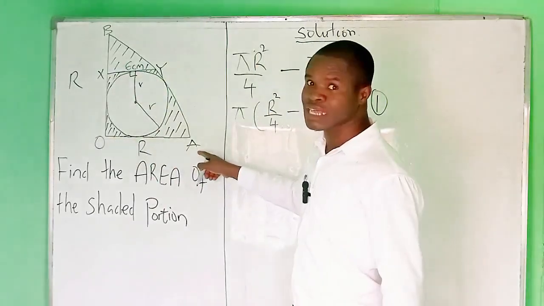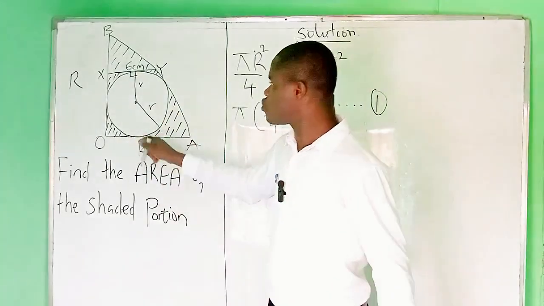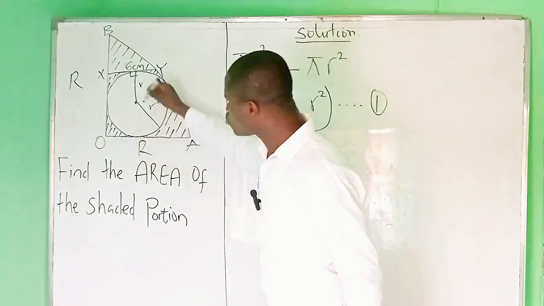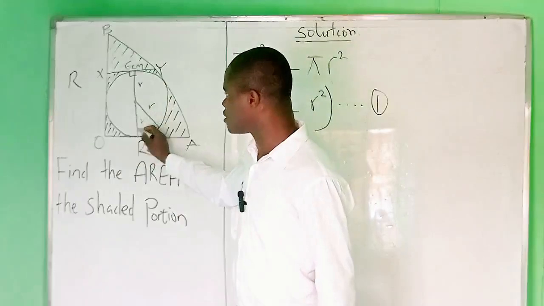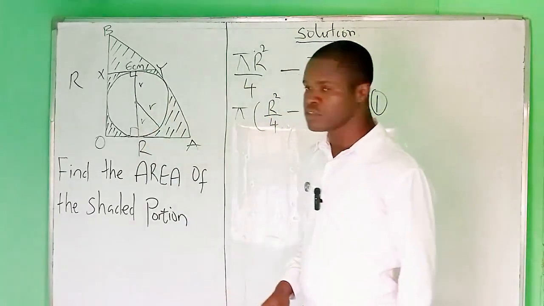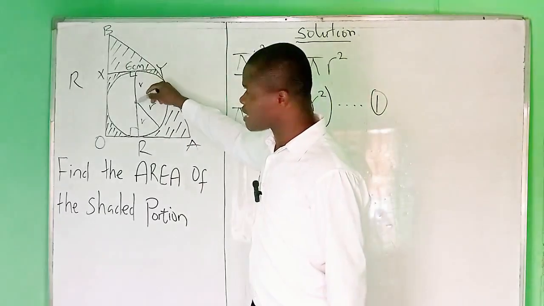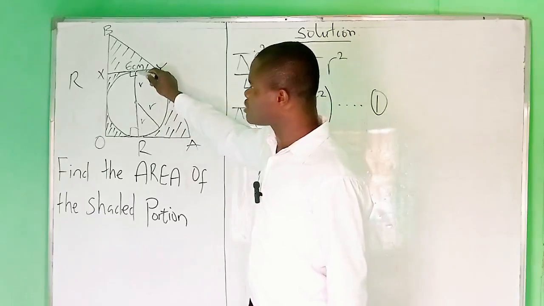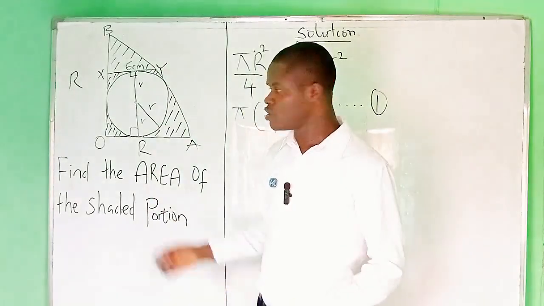And OA is also a tangent. OA is the radius of the bigger circle. So line OA is also tangential to this circle. So it means that this radius r is also perpendicular to this tangent. From here to here is r, and from here to here is r. So this is the diameter of the circle, giving us 2 radii.